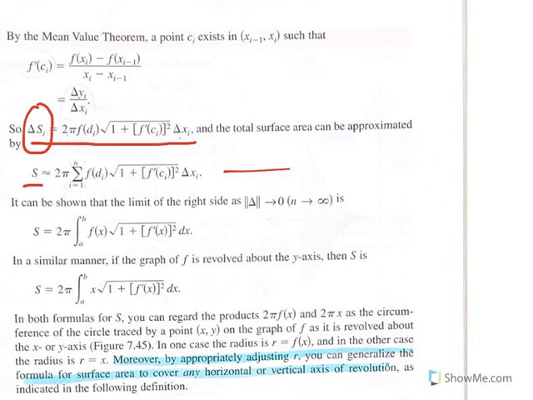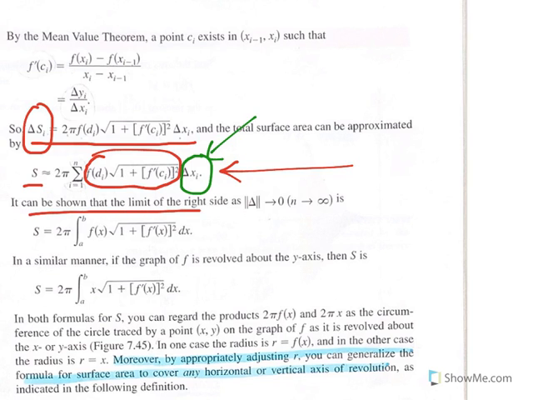So what that gives us is a Riemann sum. This is a Riemann sum. It is a sum of a product. You have this product here, and importantly, one of these factors is delta x sub i. And now what are we going to do?